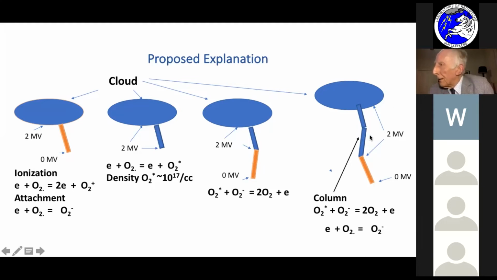And in this column, you have many, many metastables which are detaching electrons from the negative ions, but those new electrons are attaching onto oxygen to form negative ions. And you have an equilibrium between detachment and attachment, and no current, but a very high electron density.